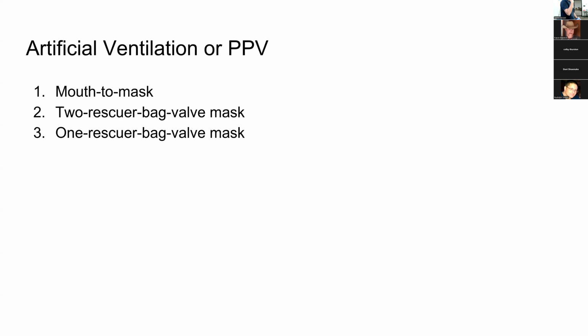Because someone who needs an OPA, you've positioned them, put in the OPA, positioned them again, they still might need extra pressure to actually inflate their chest and get them to breathe. So if they've lost that respiratory drive, if they have some kind of spinal cord injury, if you're preparing them for intubation, if you want to make sure that they are breathing and ventilating, that's what you're going to use this for.